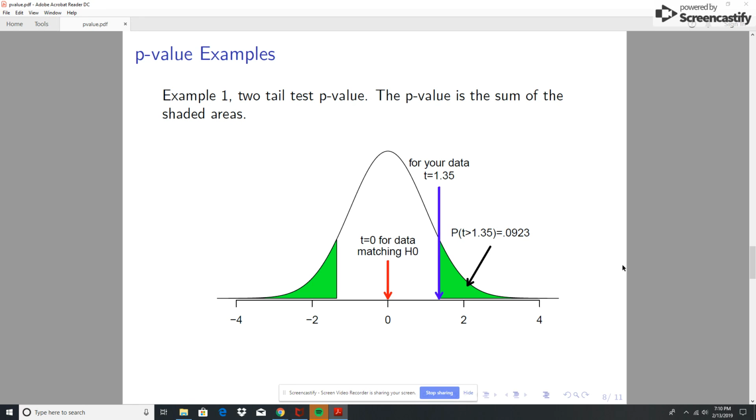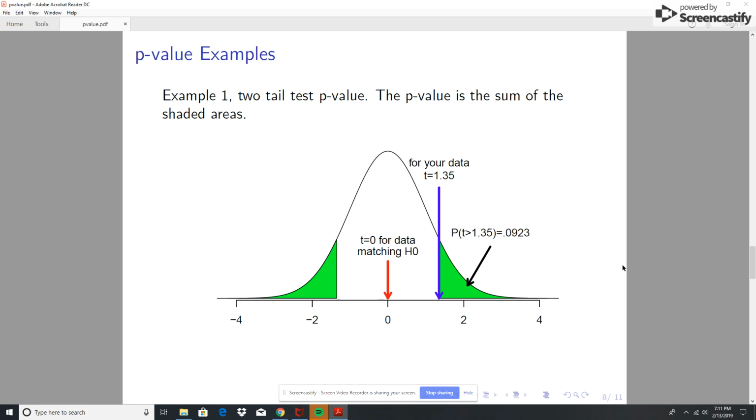So here's just an image to go with that. Just looking at a distribution, could be a z distribution, could be a t distribution, doesn't really matter. But in this case, let's suppose it's t, right? If your t statistic were 0, that means it would be a perfect match with the null hypothesis and be sitting right there in the center.